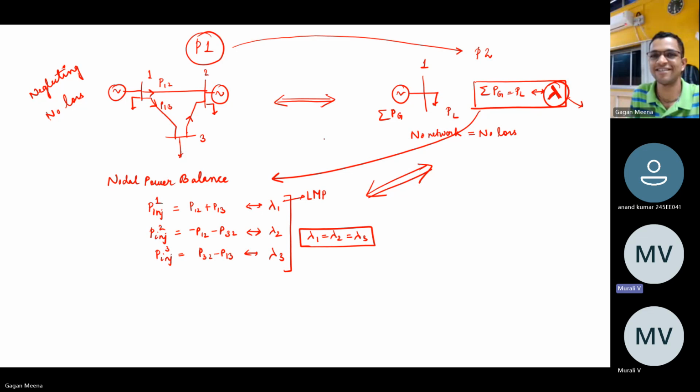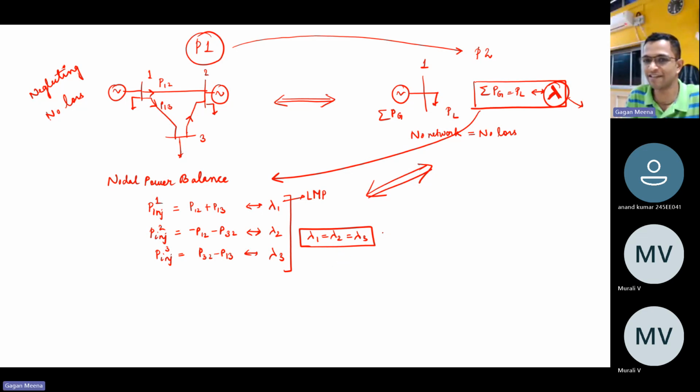Whatever generation is there, it can directly meet the load. There is no violation of any constraint. It is same as this. The only thing is in problem 1 we will get additional information on how much is the generation at each node. Otherwise everything is same. So in this problem, if there is no congestion, no line limit is violated or hit, then these three LMPs will be same.